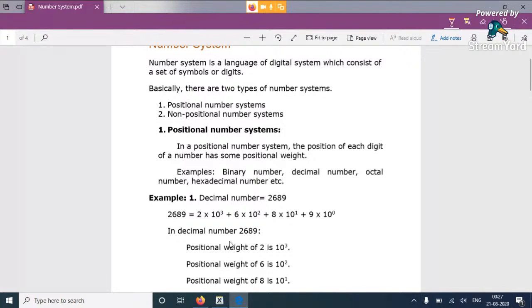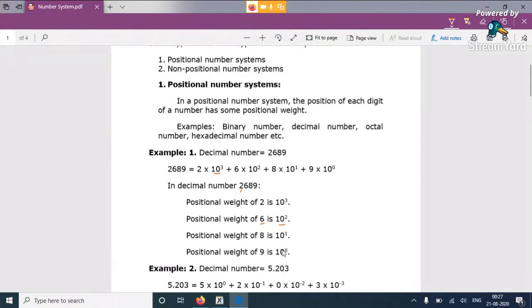If we see this symbol 2, what is the positional weight of this 2? The positional weight of 2 is 10 to the power 3. Similarly, the positional weight of 6 is 10 to the power 2, that means 100. The positional weight of 8 is 10 to the power 1. And the last one in this number, 9, its positional weight is 10 to the power 0, that means unity.